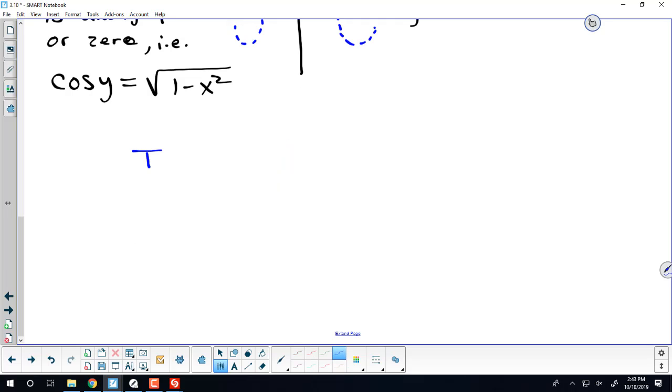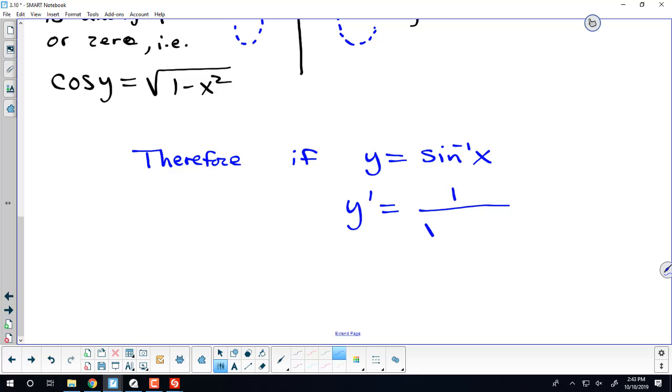Therefore, if y is the inverse sine of x, the derivative of that is just 1 over the square root of 1 minus x squared.